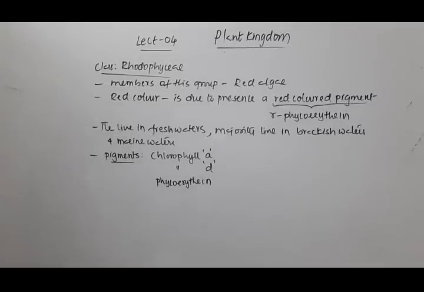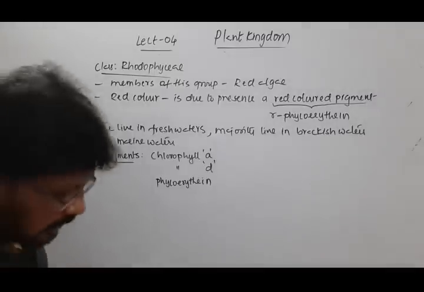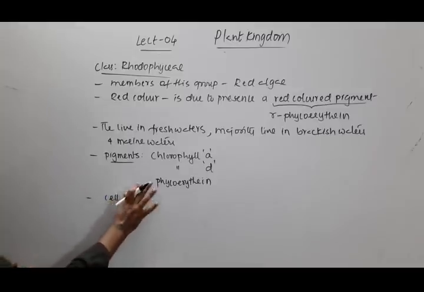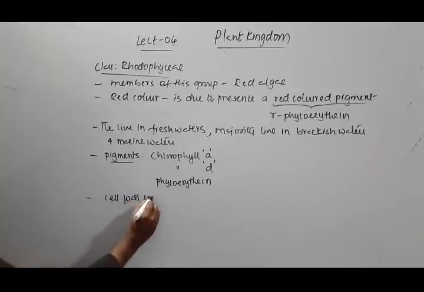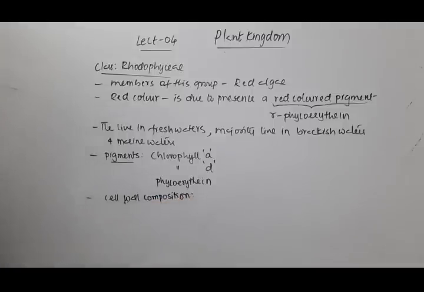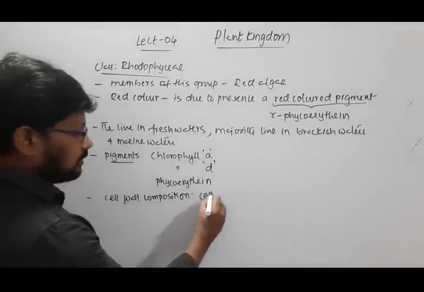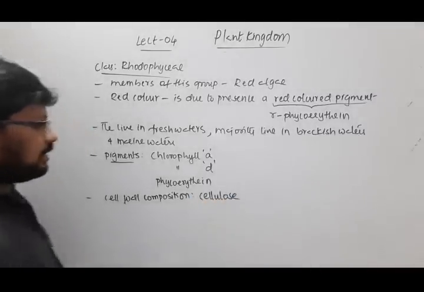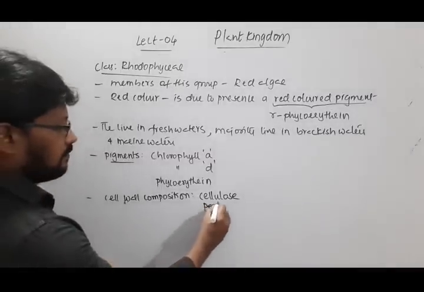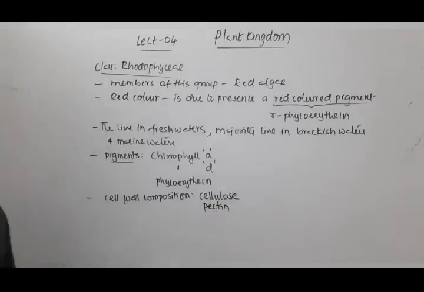The next one, coming to the cell wall composition. The cell wall includes the presence of cellulose, and pectin is another substance that is present.